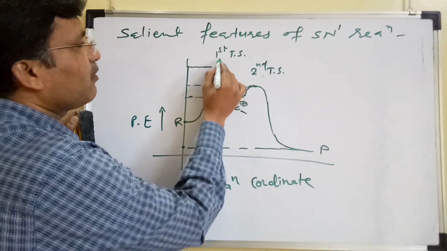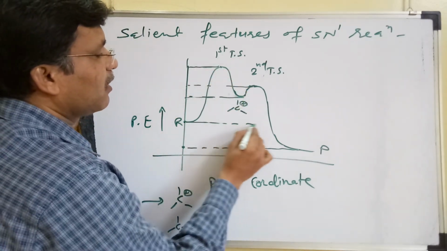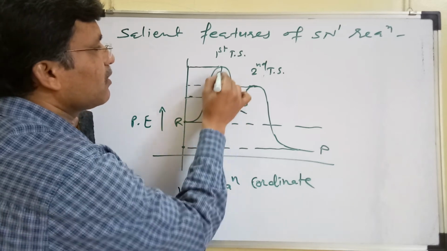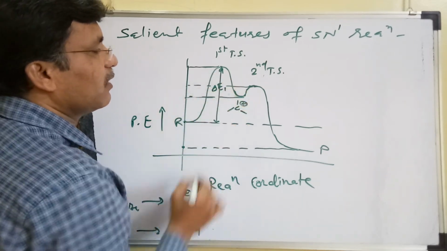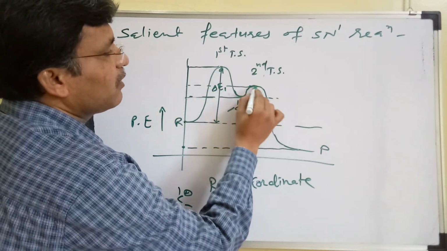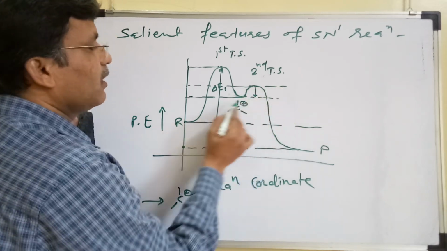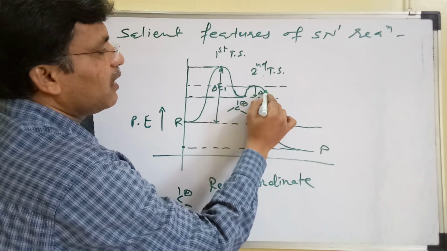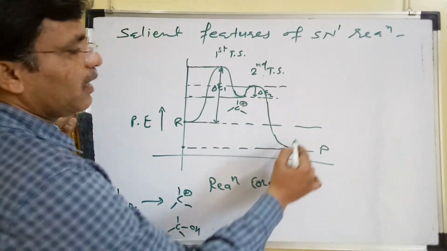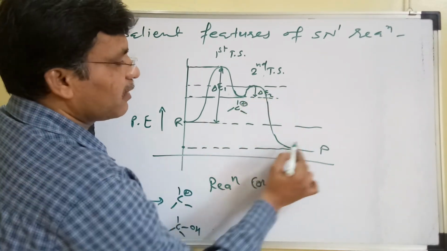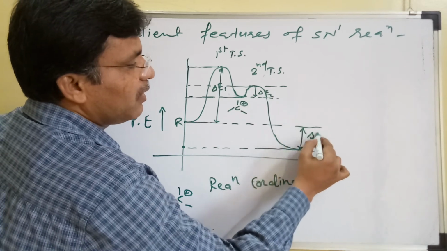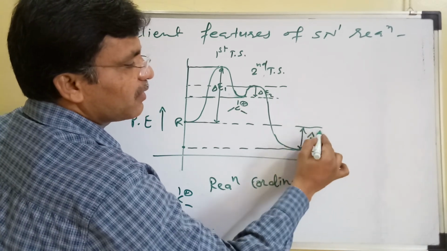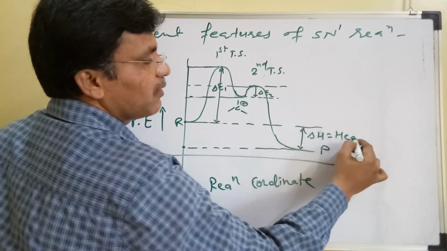The difference between the potential energy of the first transition state and the reactant is called delta E1. The difference between the carbocation and the second transition state is called delta E2, and the difference between the product and the reactant is called delta H, the heat of reaction.